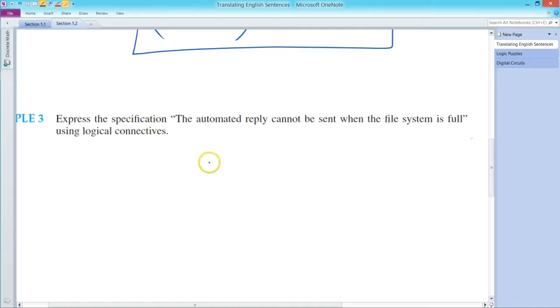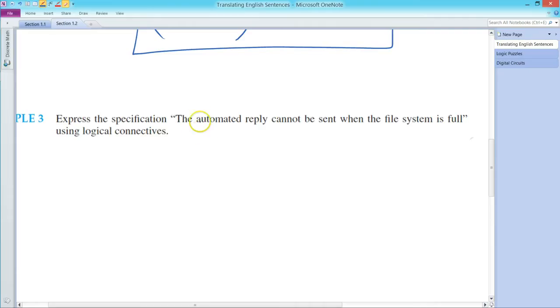Translating sentences in natural language such as English into logical expressions is an essential part for specifying both hardware and software systems. In this example here, we have a software system requirement.